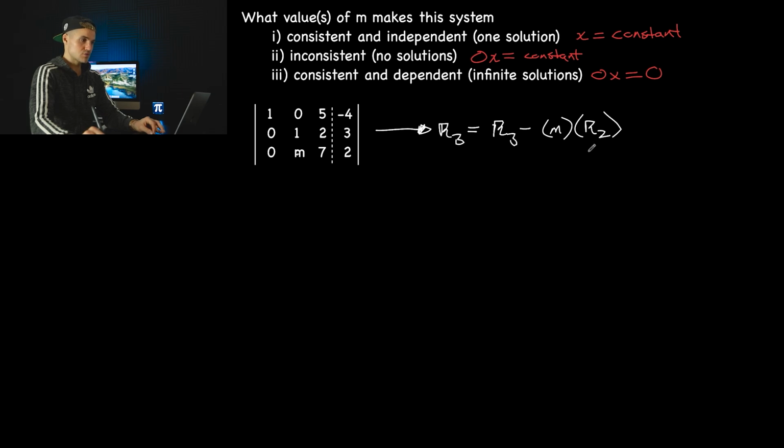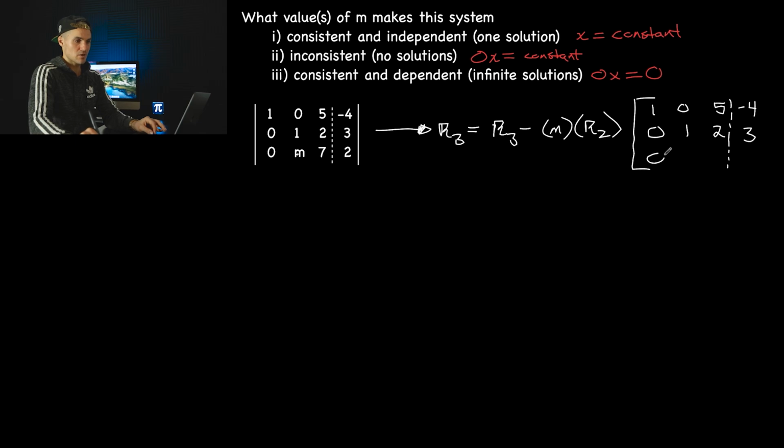And so if we do use that formula, what is the new matrix that we're going to end up with? Well, notice that the first row is not going to change, so we could keep that the same. Also, the second row, actually, let's maybe make some more room here. I'm not going to close off the matrix yet. The second row is also not going to change, so we'll have 0, 1, 2, 3, but the third row is going to change.